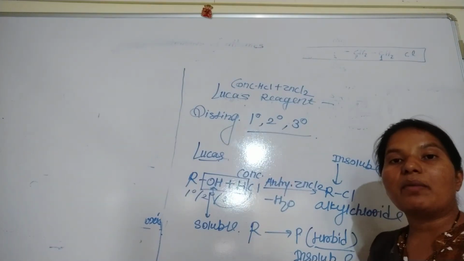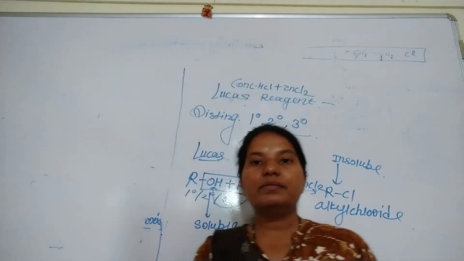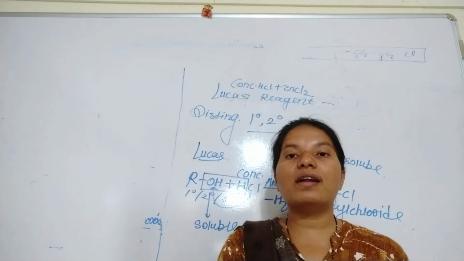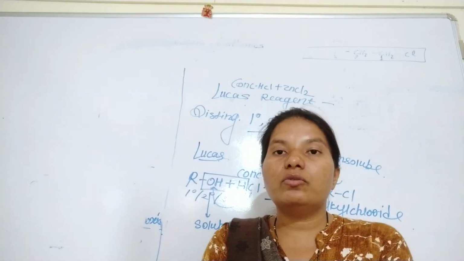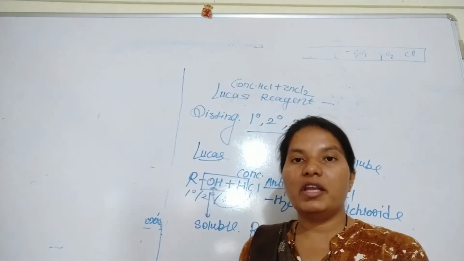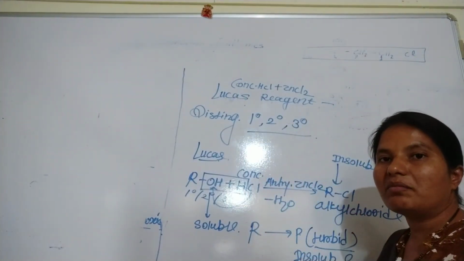You can take primary alcohol and simply add Lucas reagent. At that time, 30 minutes are required for your solution to become turbid, and you require some heating.